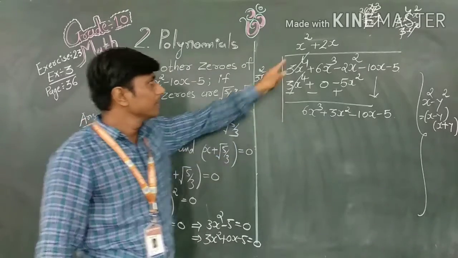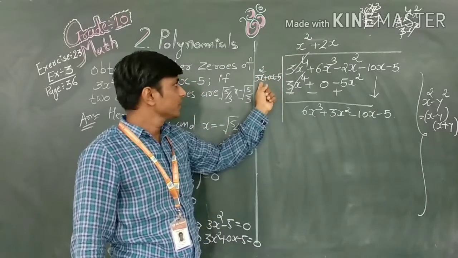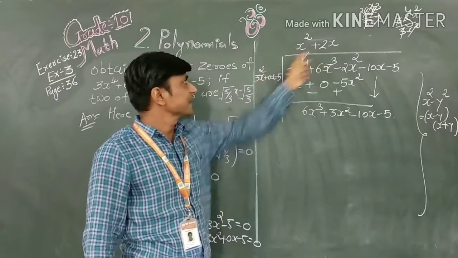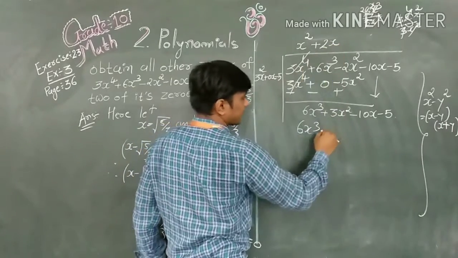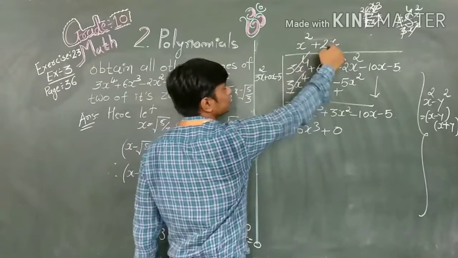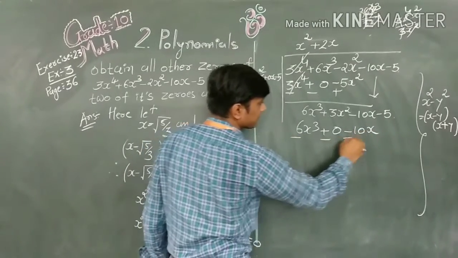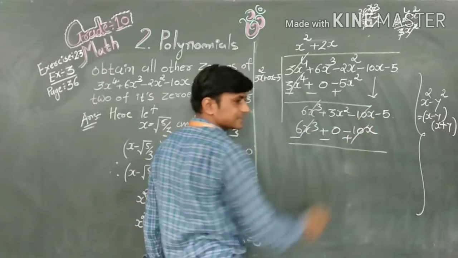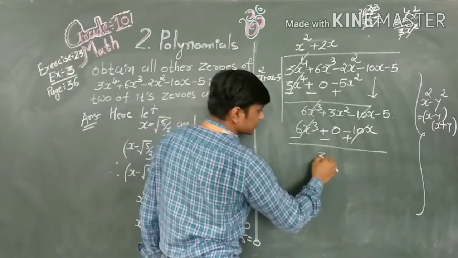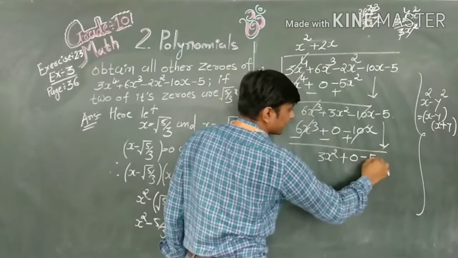Now multiply each term with 2x. That means 6x cube, 0 into anything, again 0, minus 10x. Change the sign and these are cancelled, also minus 10x plus 10x cancel. We have 3x square plus 0 and put it down, minus 5.